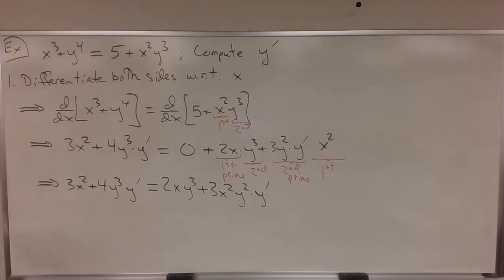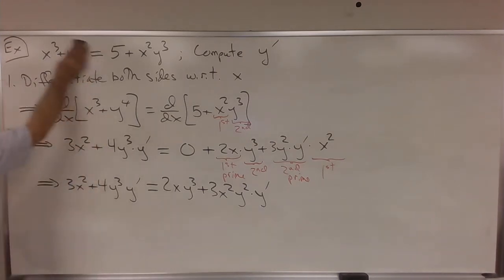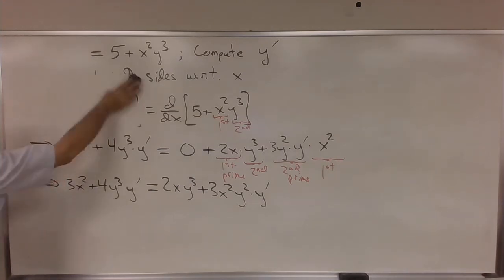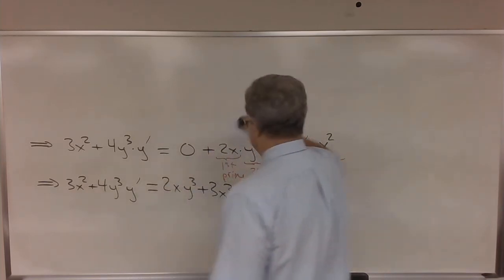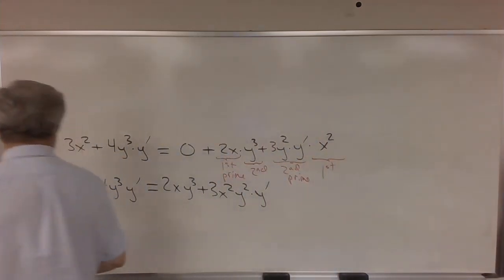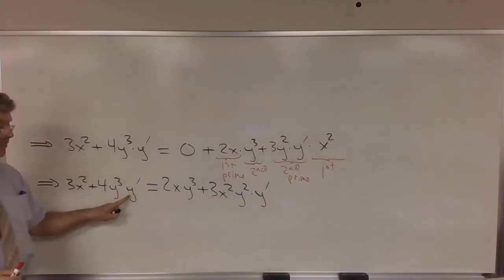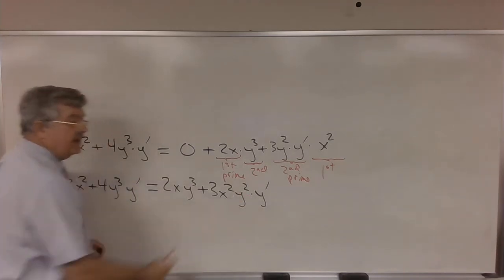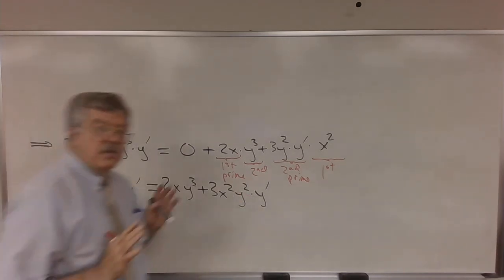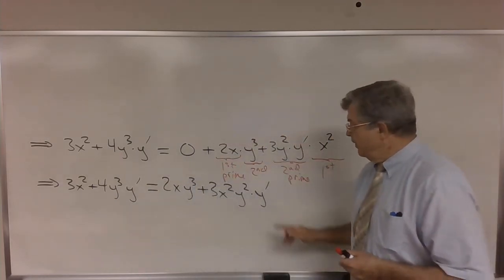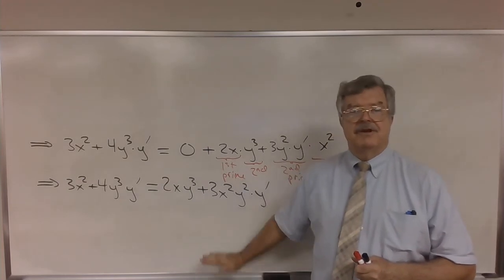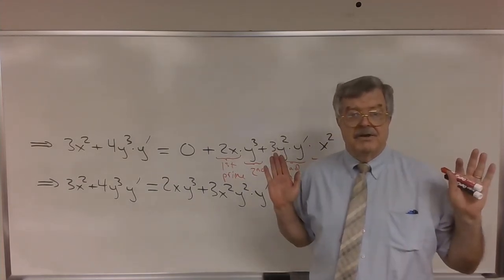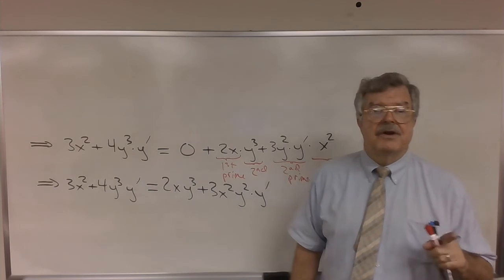So I have simplified things a bit. And y prime. We have what we're looking for as factors in two of the terms of the equation. So what do we do? Solve for it algebraically.